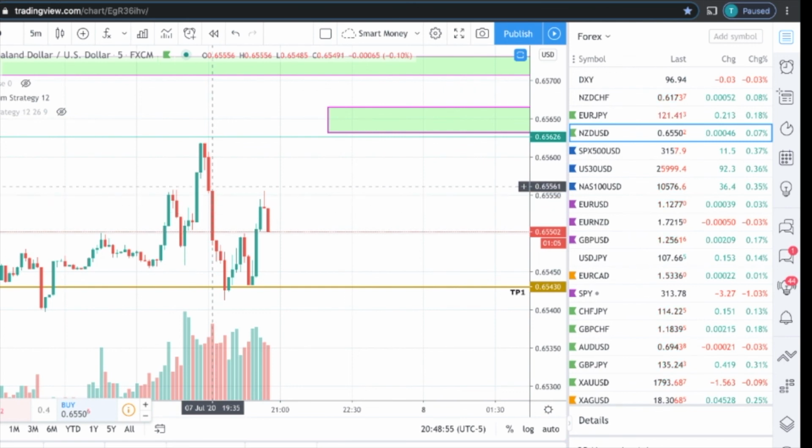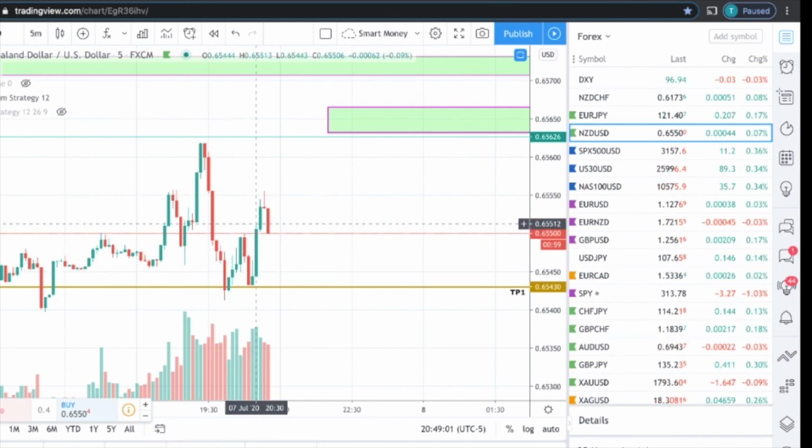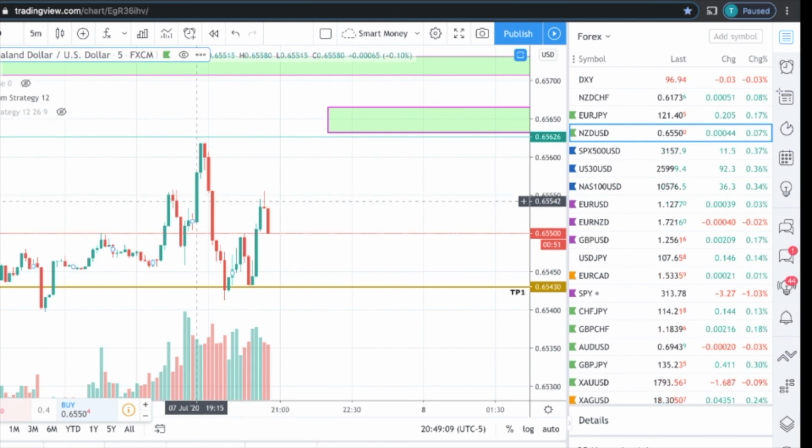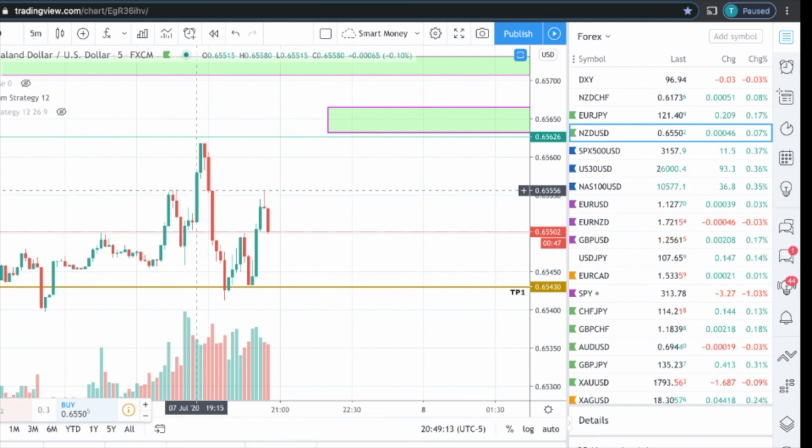Once you see that solid Marubozu, it just tells you that there's so much buying pressure. They're trying to get back up into this area to unleash on some of those, especially some of these buying trades that they've got going on. That way they can at least just break even.